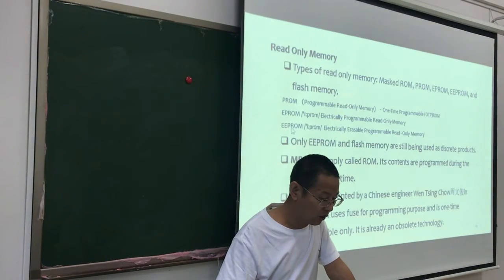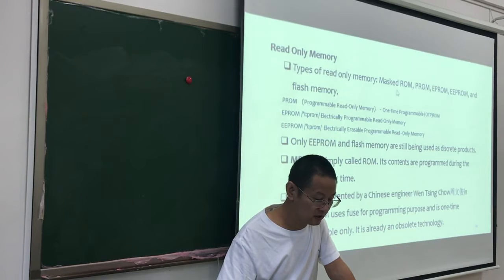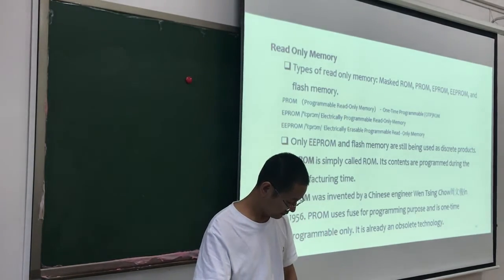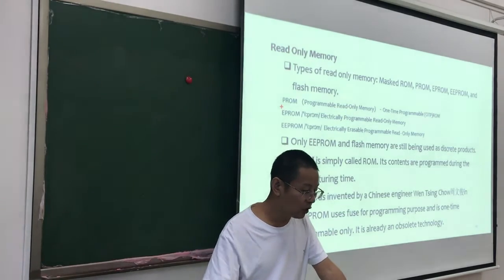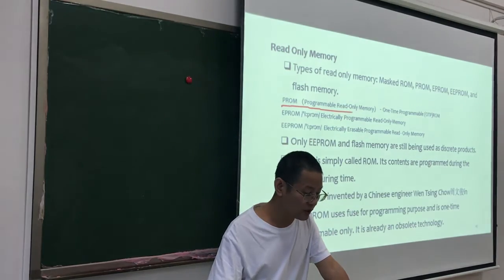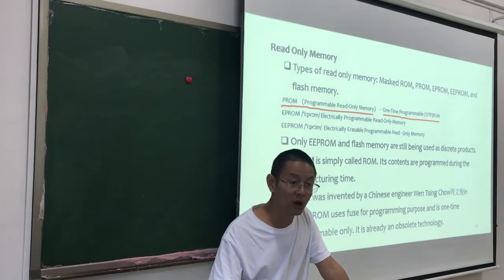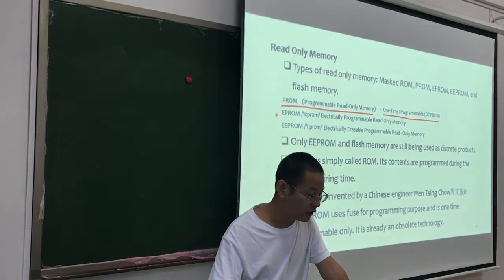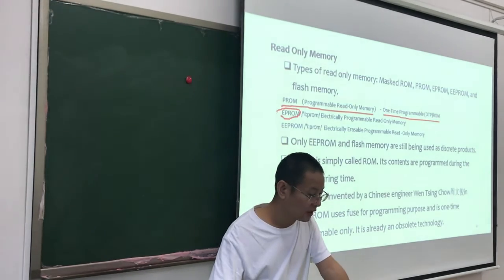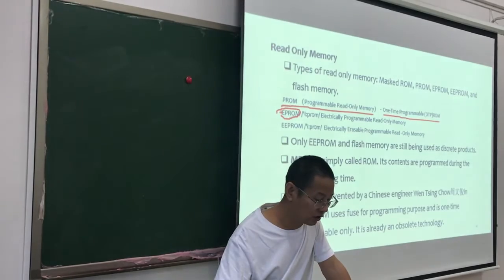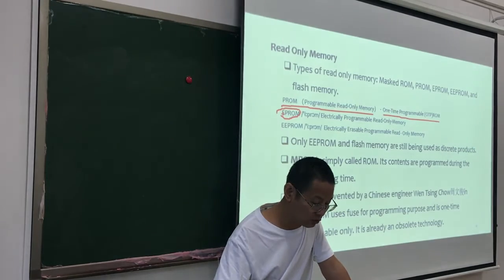Read-only memory. The types of read-only memory: mask ROM, PROM, EPROM, EEPROM, and flash memory. PROM, programmable read-only memory, is one-time programmable ROM. EPROM is electrically programmable read-only memory.